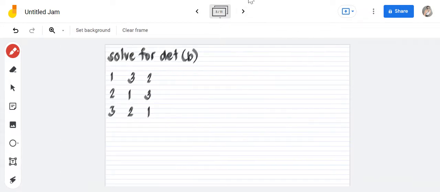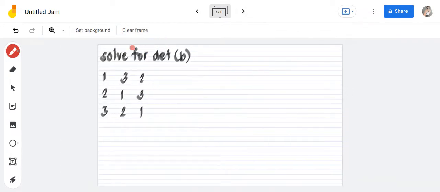So next, we move on to solving for the determinant of b in order to solve for your unknown b. We can do that by replacing again the column of b with our column vector.